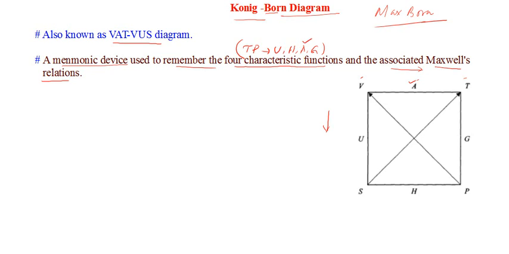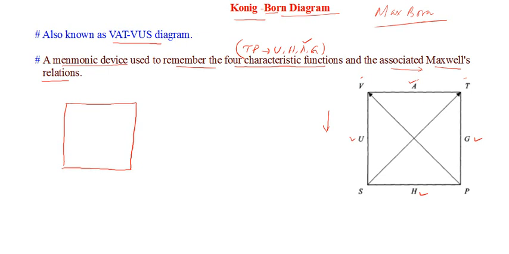Then on the other side here, G is written. Helmholtz free energy, Gibbs free energy, middle. Then H is written, another thermodynamic potential, and U is written. So in this conic bone diagram, the four sides of the square will be marked with the four characteristic functions in a particular order.